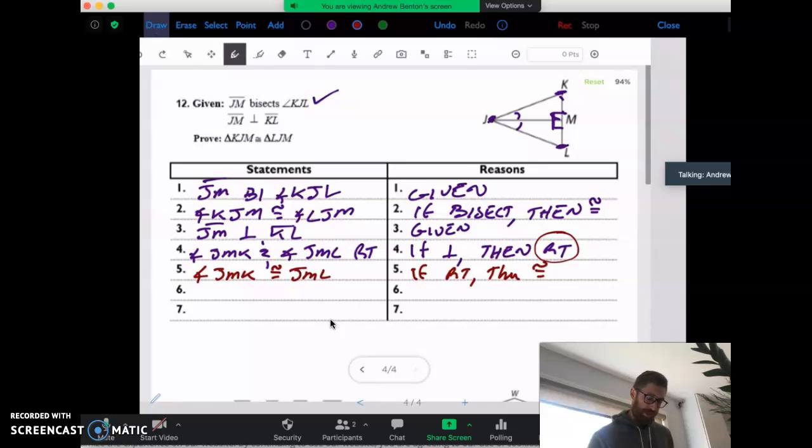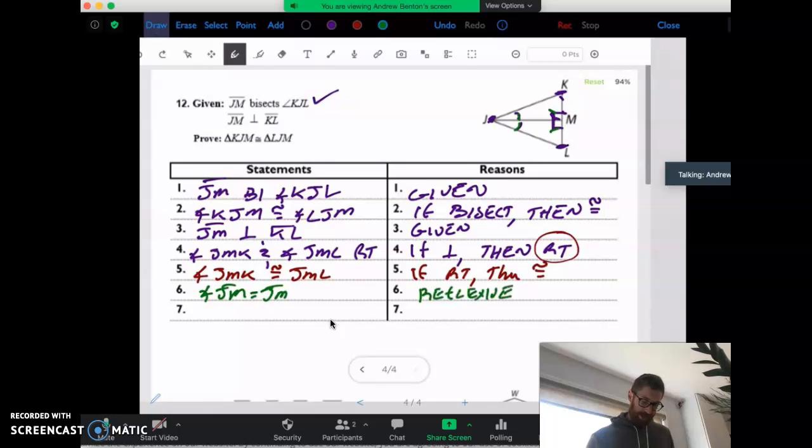Your understanding can be sharpened for sure. So I have this angle congruent to this angle. I have this angle congruent to this angle. In order to prove triangles congruent, I need a side. There's a couple other steps you can do. The easiest one I would do is I would say JM is congruent to itself because of the reflexive property.